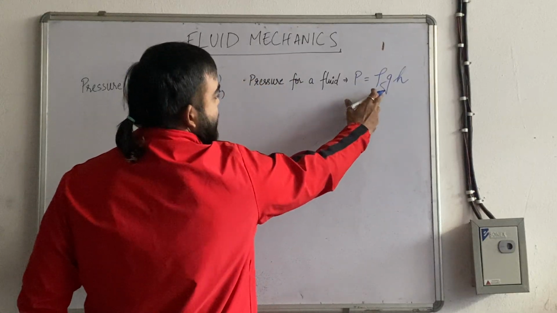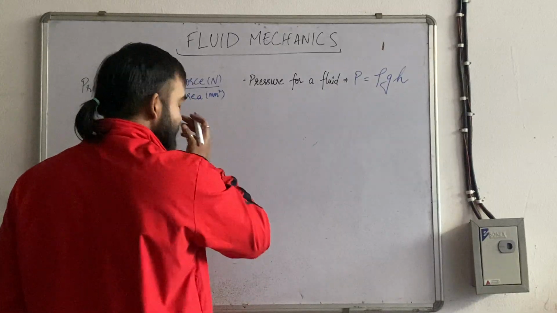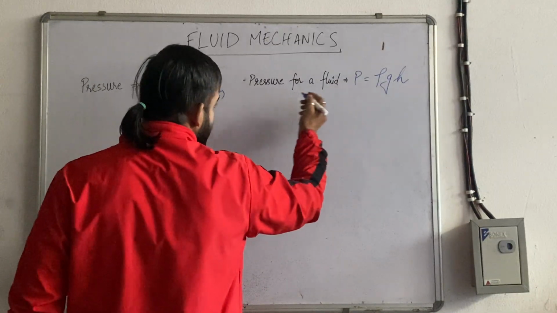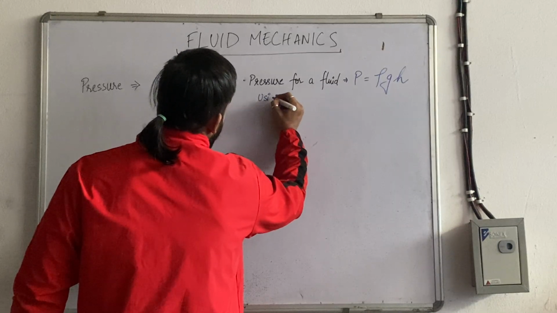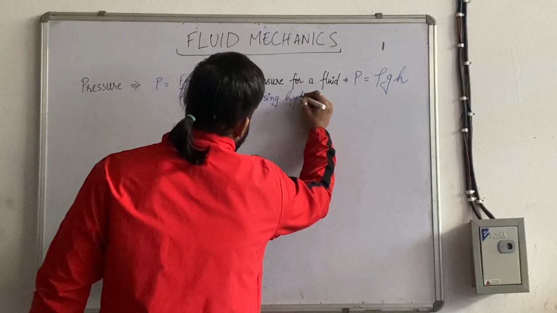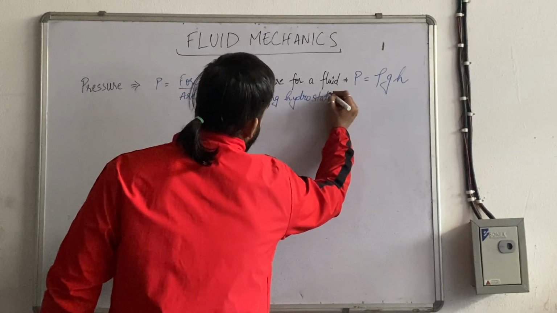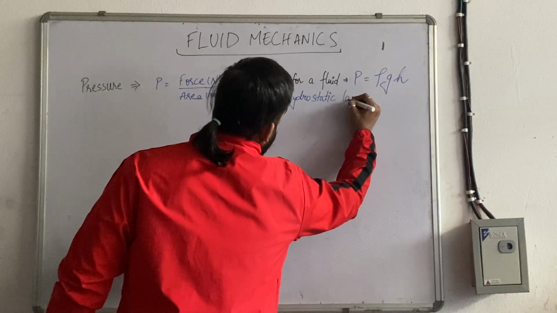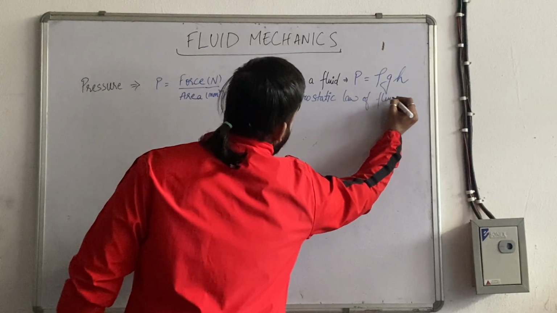Rho is the density, g is the gravity, and h is the head or the distance of the liquid volume. This expression is obtained by using the hydrostatic law of fluids.